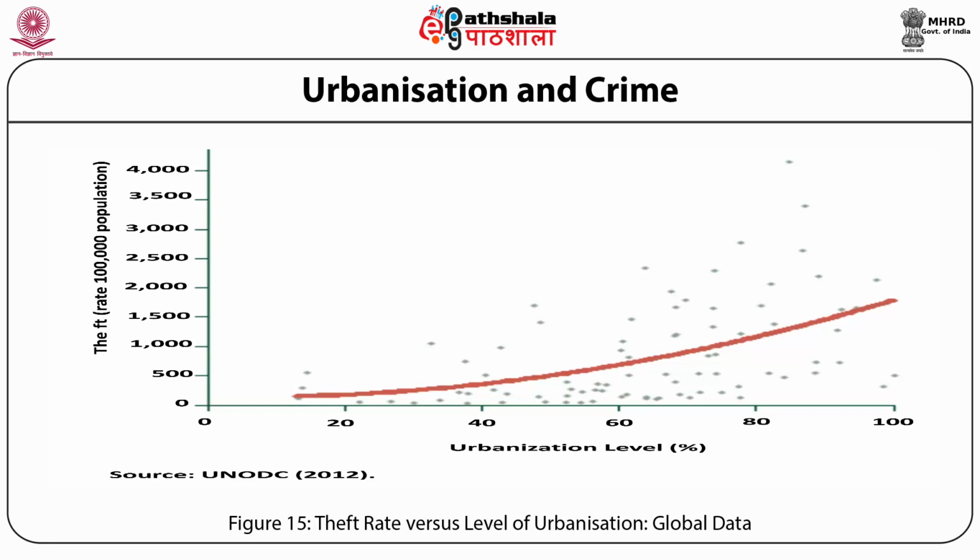Individualism and the anonymity among the residents of the cities give rise to such events, as nobody can recognize an unidentified person coming to the highly dense localities and committing the crime.